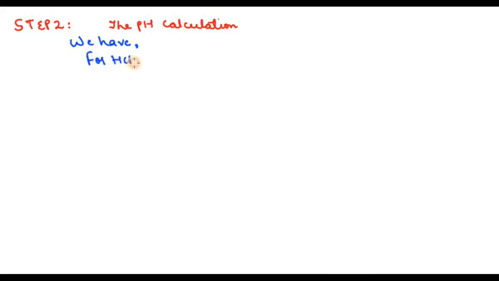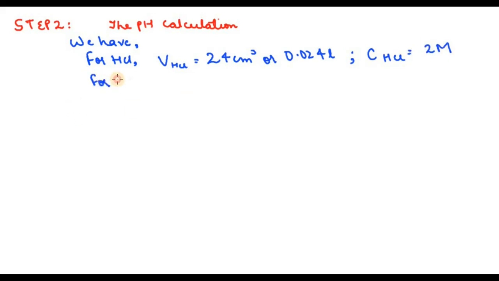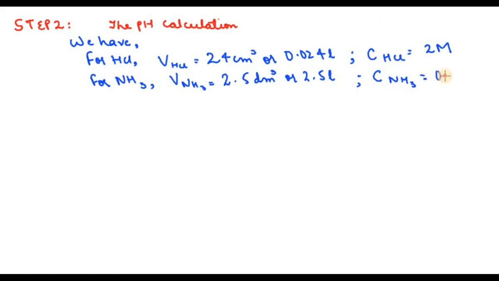For HCl, the volume given is equal to 24 centimeter cube, or we could convert it into liters, so we will get 0.024 liters, and we have calculated its concentration is equal to 2 M. And for NH3 the volume given is equal to 2.5 decimeter cube or 2.5 liters, and its concentration we have calculated is 0.028 M. Alright, so after addition, the following reaction would happen.